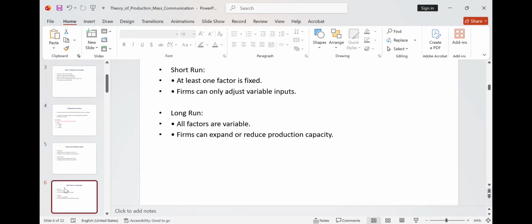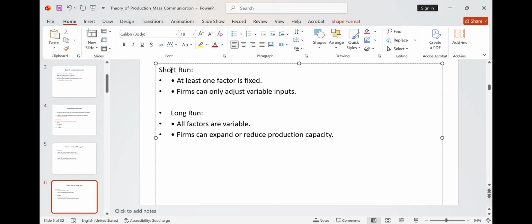Now, there is also another concept that we call the short run and the long run production period. At the short run production period, at least one factor is fixed, so firms can only adjust variable inputs.